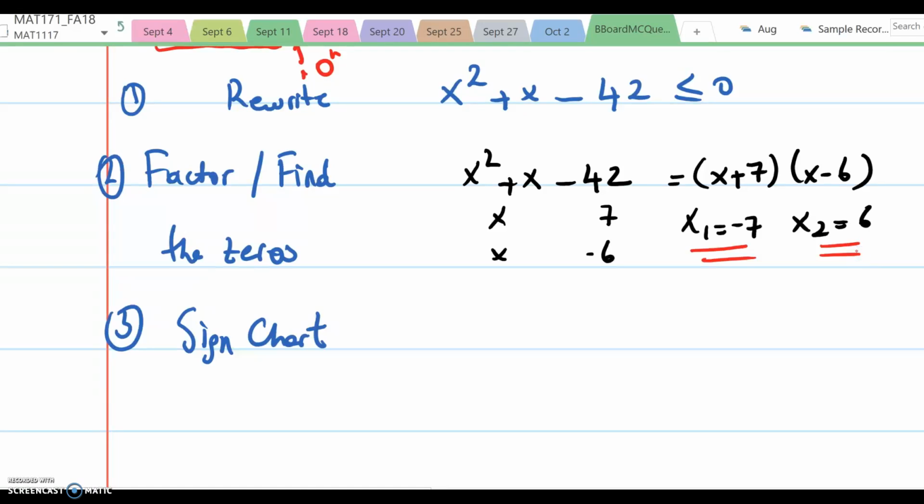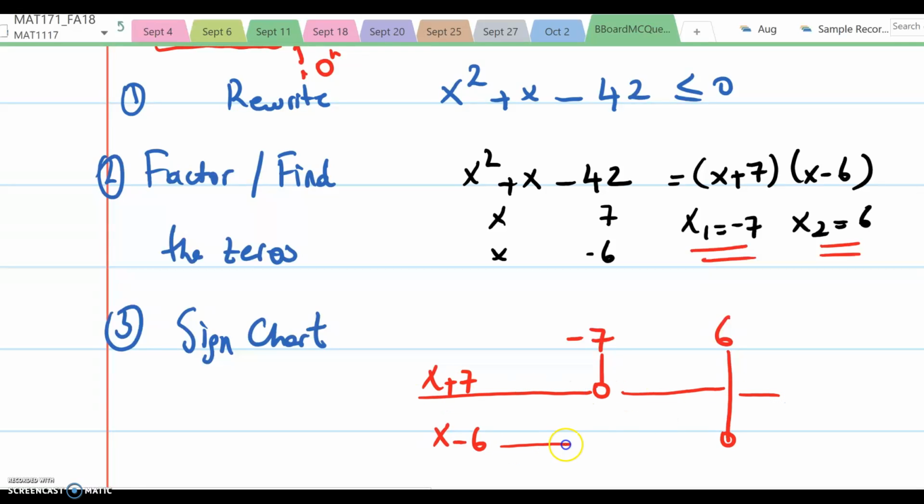So how are we going to do that? Negative 7 and 6. Negative 7 is a root for x + 7. 6 is a root for x - 6. The reason I'm placing the zeros there is as a placeholder to make sure which number is a root for which linear component. Then I'm giving testing values.